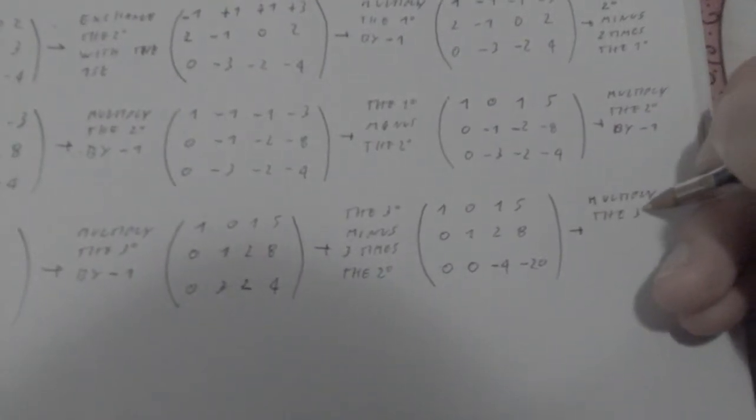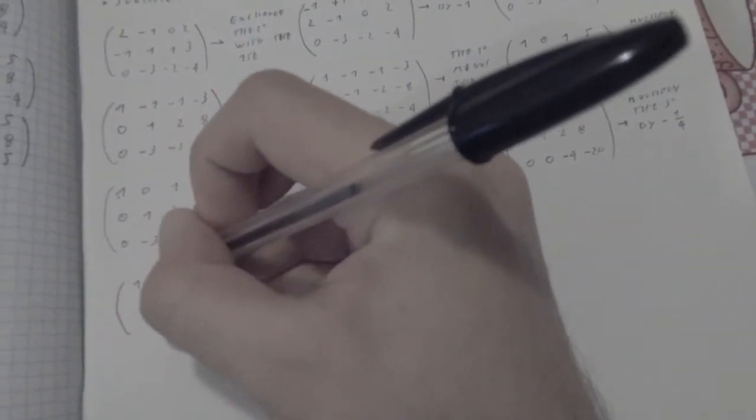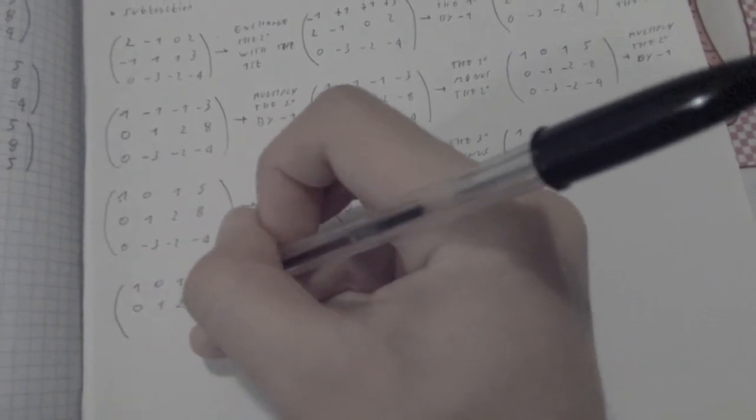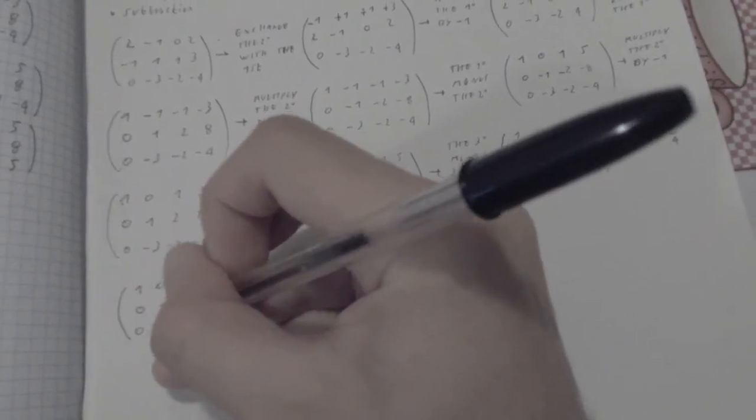So I can just, very easy, multiply the third one by -1/4. And by multiplying the third one by -1/4, the one is gonna stay the same: 1, 5, 0, 1, 2, 8, 0, 0.